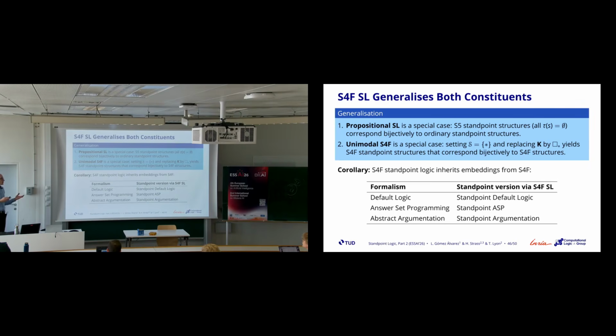So this is the good news. Of course, the question is whether adding standpoint modalities adds anything to the computational complexity, right? So this is always our main interest.